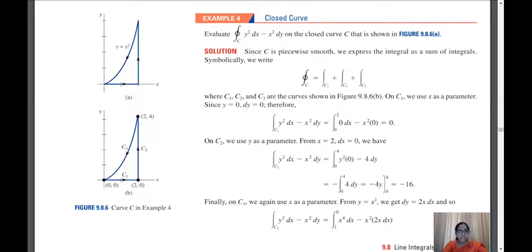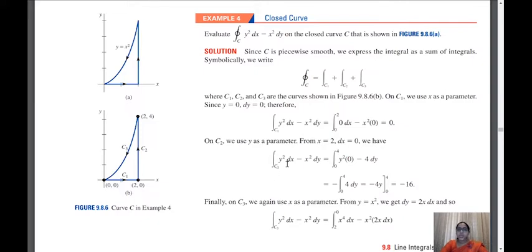Now let us consider the second curve, C2. In C2, you can see that there is a change in y. X remains constant, and x is equal to 2. So if x is 2, what will be the value of dx? Dx will be 0. And y is varying from 0 to 4. So let us calculate the integral over C2.